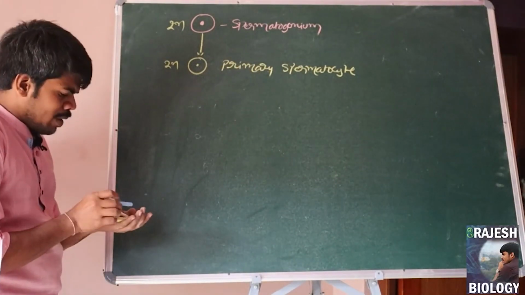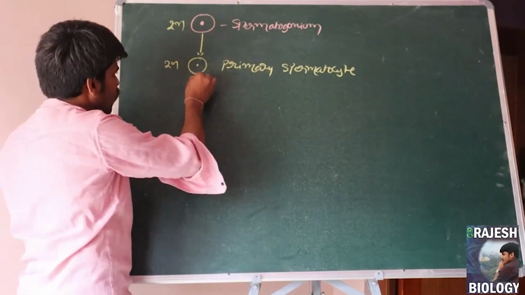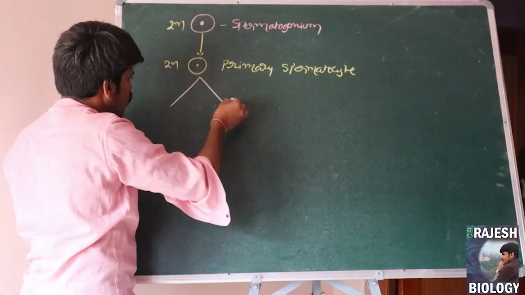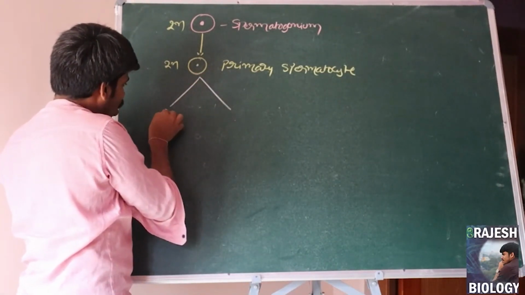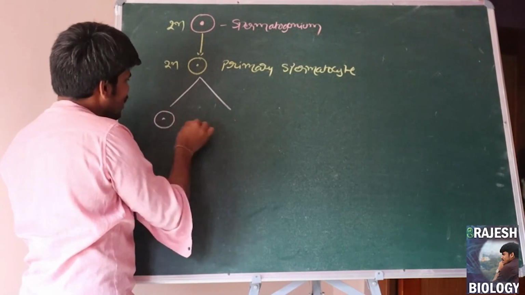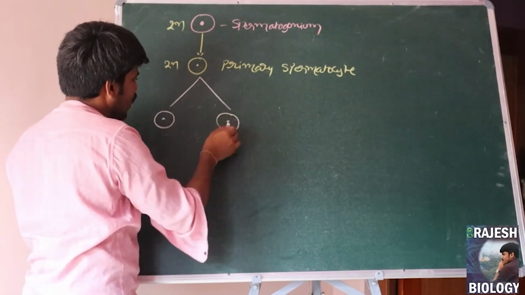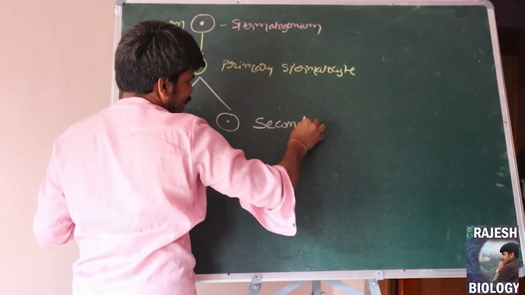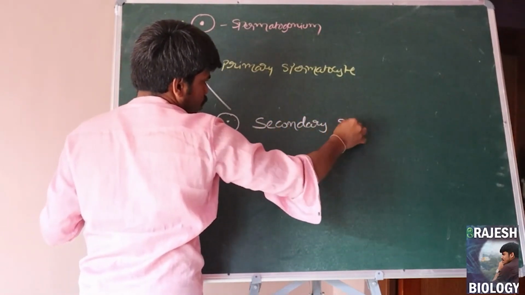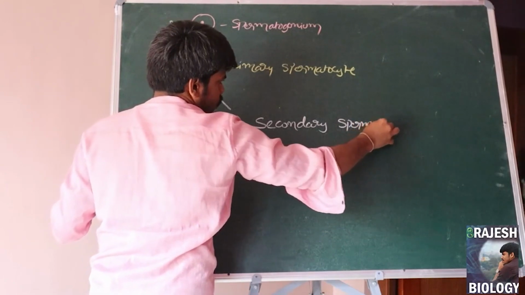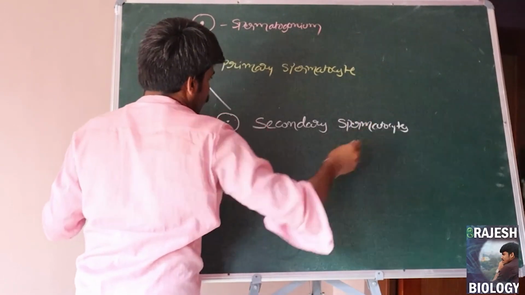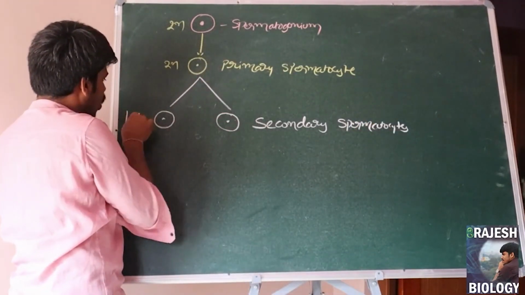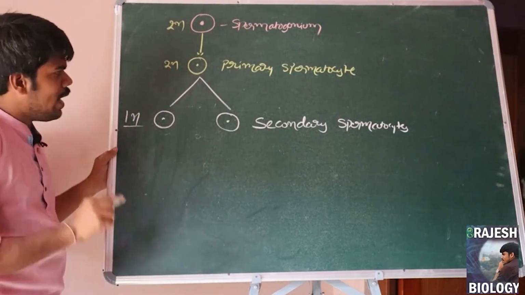The primary spermatocyte undergoes the first meiotic division to form haploid secondary spermatocytes, which are 1n.